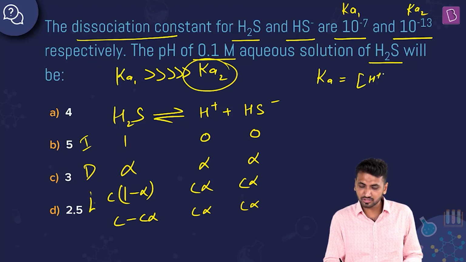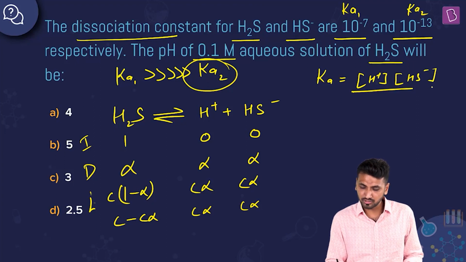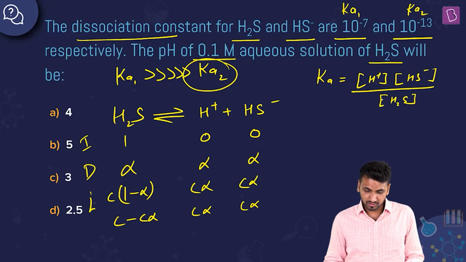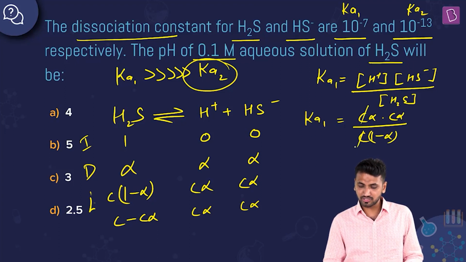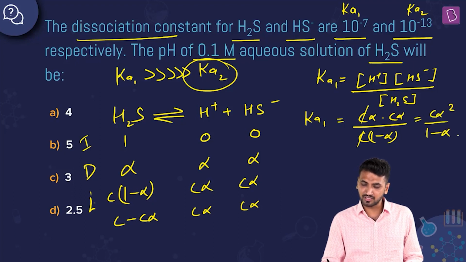Concentration of H plus into concentration of HS minus upon concentration of H2S, right? That makes sense. If you put the value, then it is going to be C alpha into C alpha upon C into 1 minus alpha. This is the Ka1 that we are talking about, right? C got cancelled, numerator, denominator. We are left with C alpha square upon 1 minus alpha.